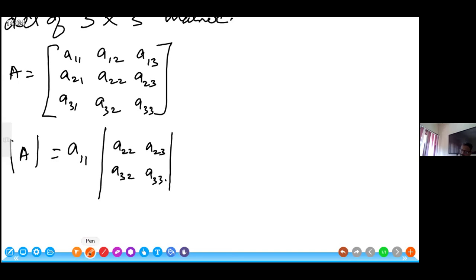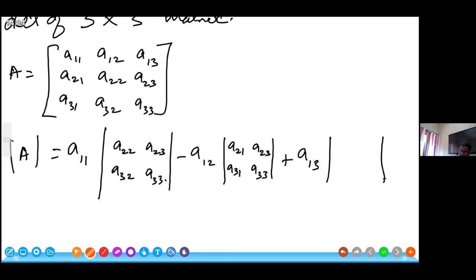Minus A12 into the determinant of A21, A23, A31, A33, plus A13 into the determinant of A21, A22, A31, A32.